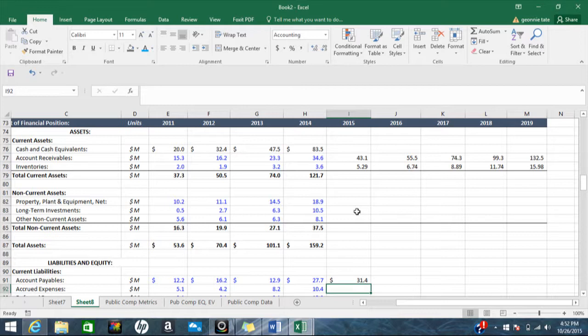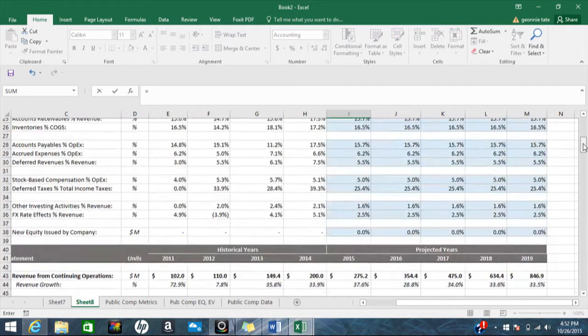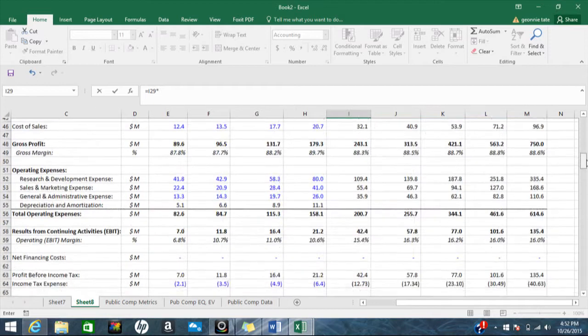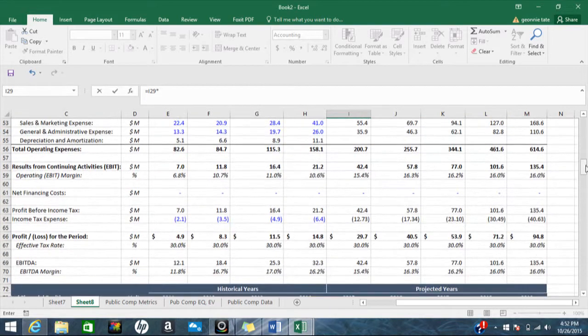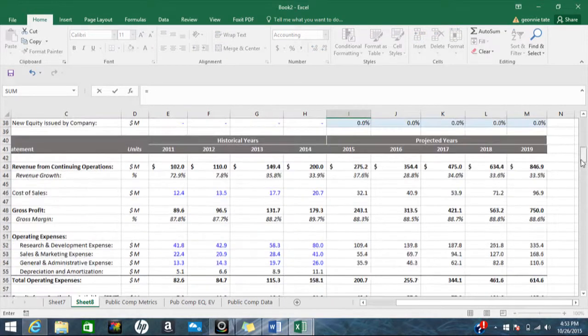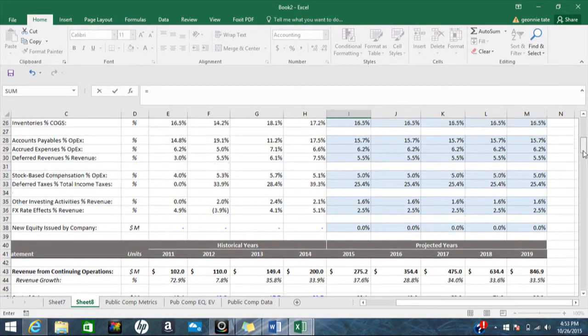For the accrued expenses, I'm going to do the same thing. And this is a percentage of the operating expenses also. For the deferred revenues, it's a percentage of revenues. So go up and get my metric. Multiply it by the revenue for that period.